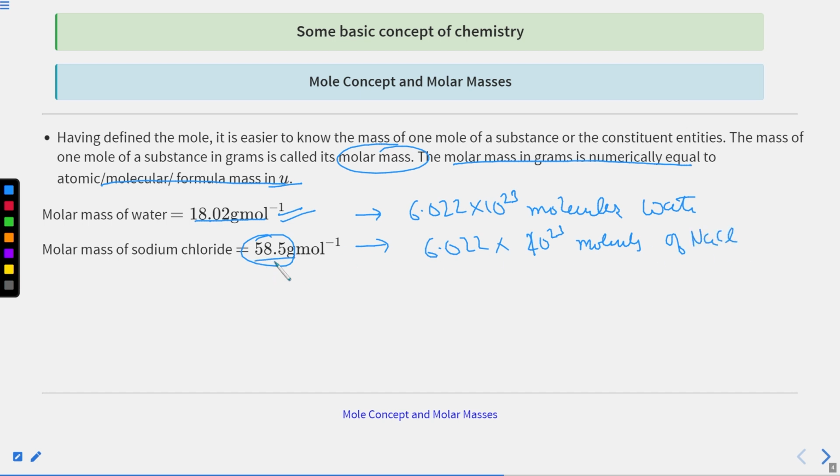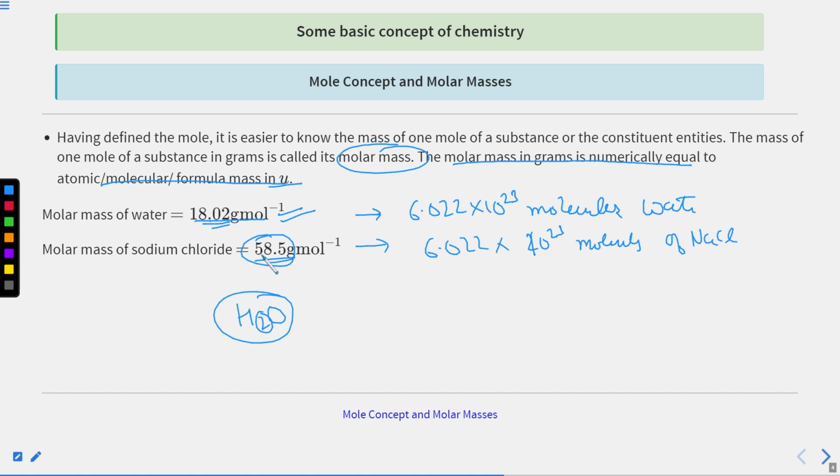Now how have we calculated this 58.5 and 18.02? For that we have taken the atomic mass of H and oxygen in H2O and added according to their coefficients, and then we found this. Now how is the atomic mass calculated? It is calculated in relation to our carbon-12 atom.